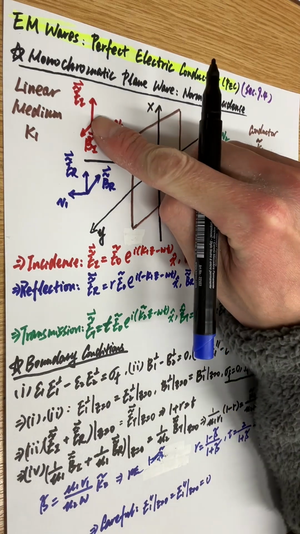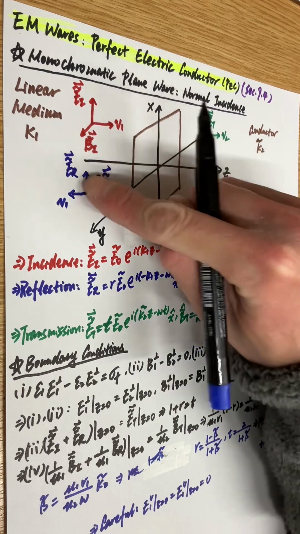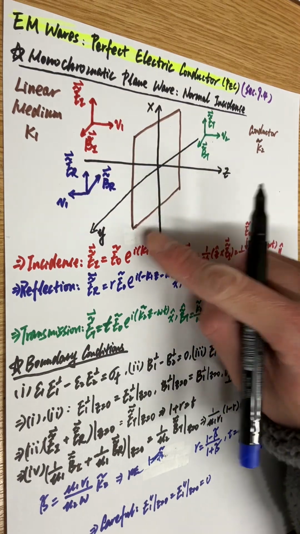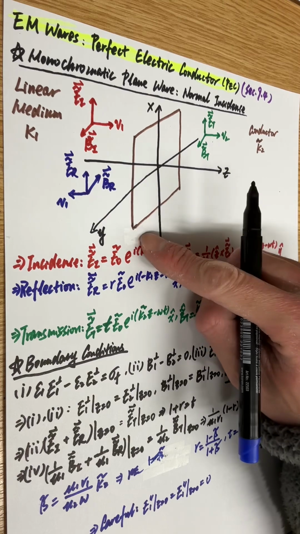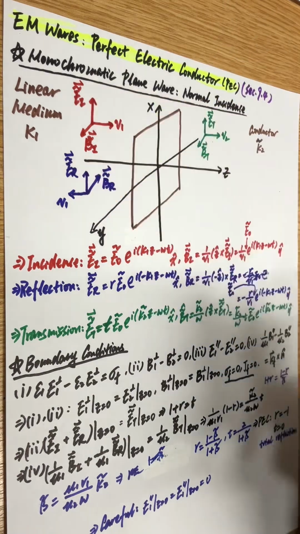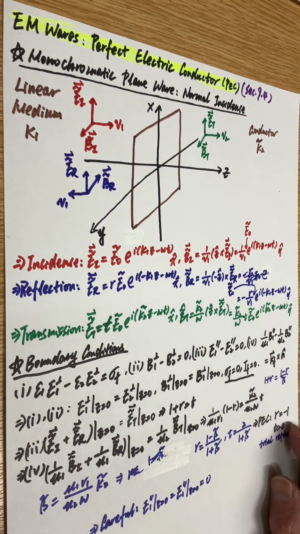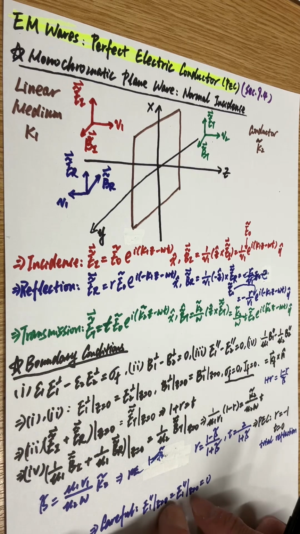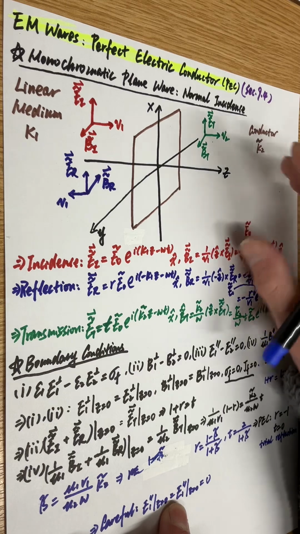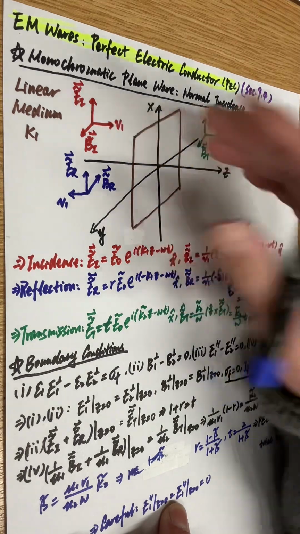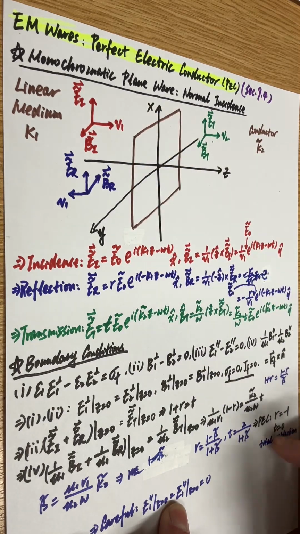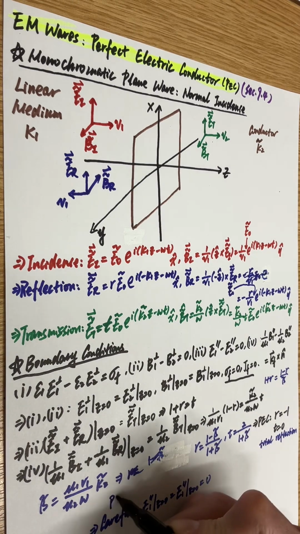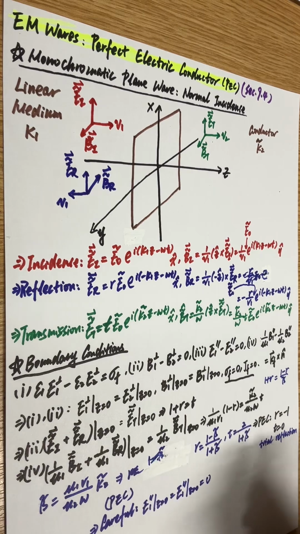I have the incident electrical field and the reflected electrical field, and at the boundary, Z equal to 0, they are opposite to each other because R equals -1. So the total electrical field on the left is 0, and the total electrical field on the right naturally is 0 because electrical field doesn't penetrate a perfect conductor. So careful, this is a perfect conductor.